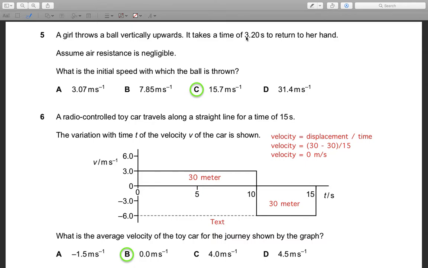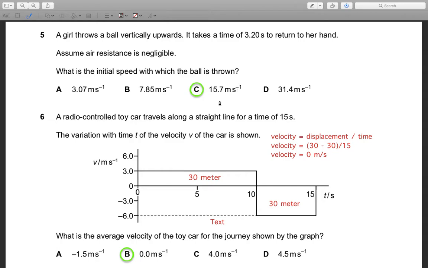So 3.2 divided by 2 is equal to 1.60 seconds. So velocity equals v0 plus at, where a is gravitational acceleration, around 10. If we calculate 10 with 1.6, it is around 15.7 meter per second. Yes, this is the answer.